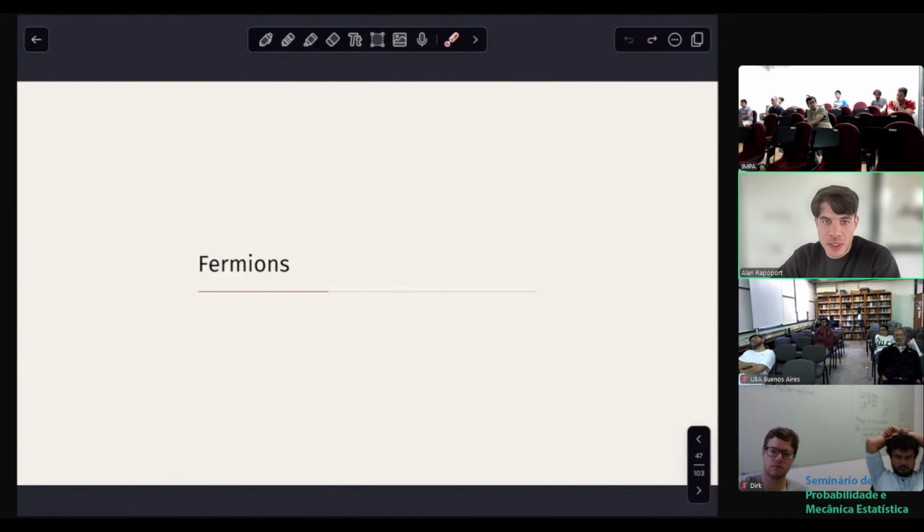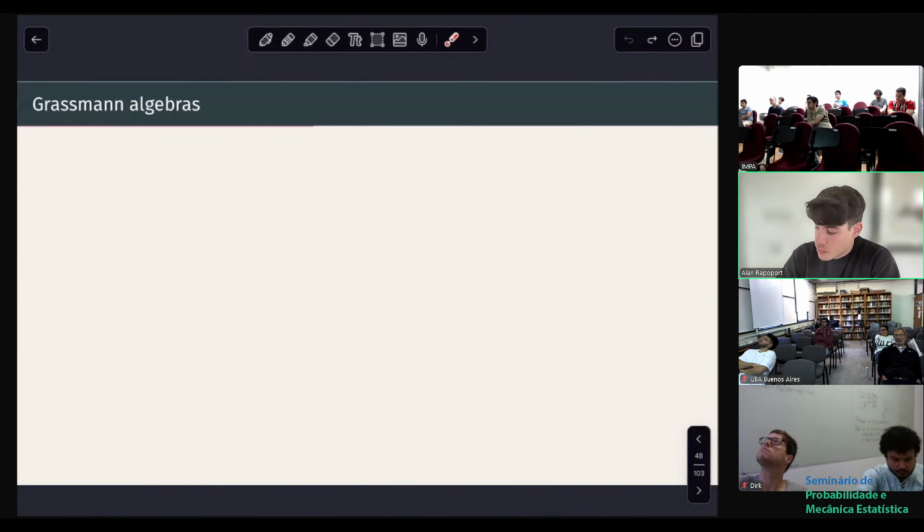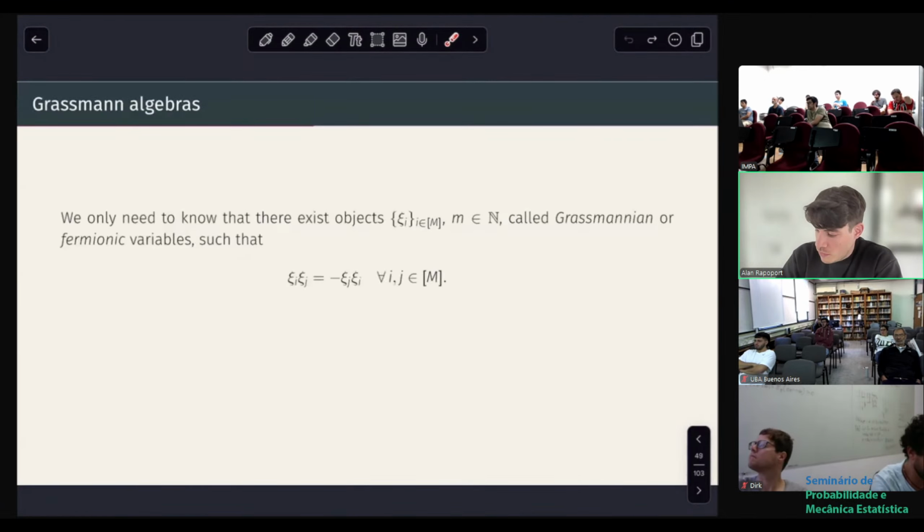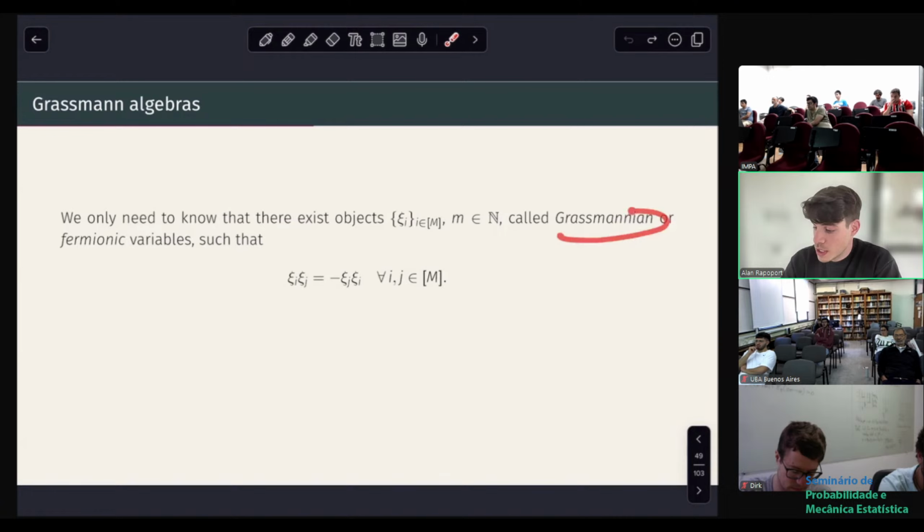Okay, mystery over here, let's put it aside and let's study fermions. If you are familiar with physics, this is somehow trivial. If you're not, this is completely new, but the only thing that we need for now is to know that there are some objects. Basically, there's an algebra called the Grassmann algebra, which satisfies this anti-commutativity property.